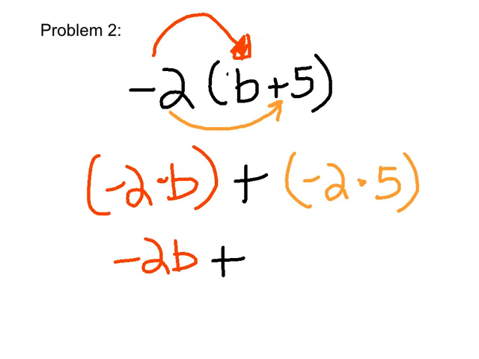And then I've got negative 2 times 5, which is going to be negative 10. And I'm almost done. When I have a plus and a minus next to each other, the plus goes away, and I'm left with negative 2b minus 10 as my answer.